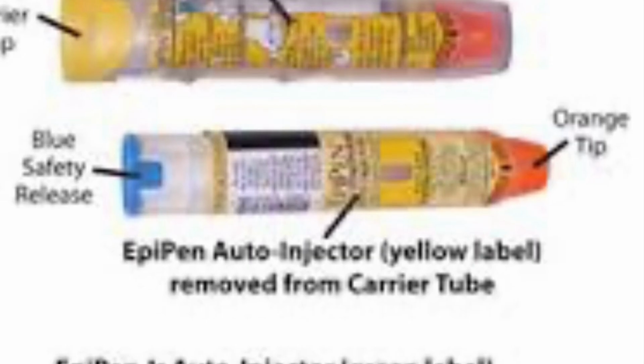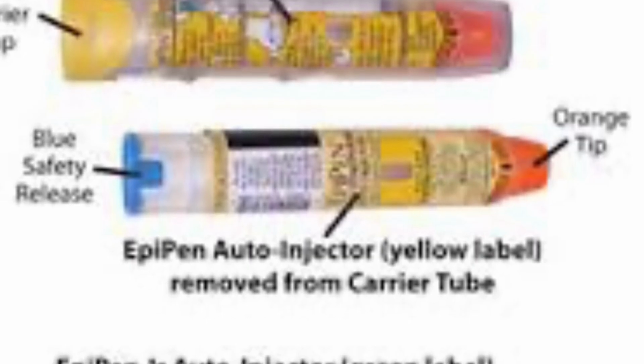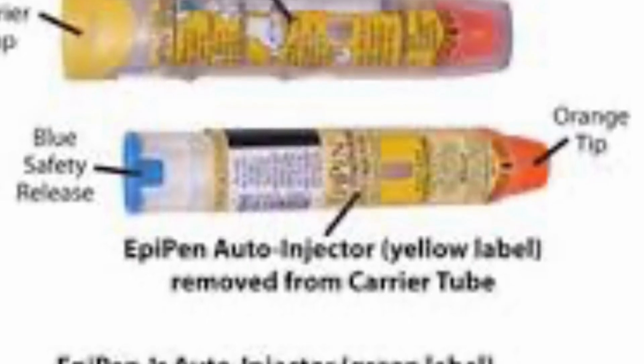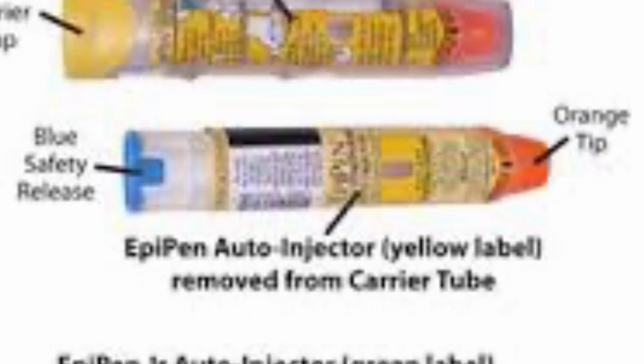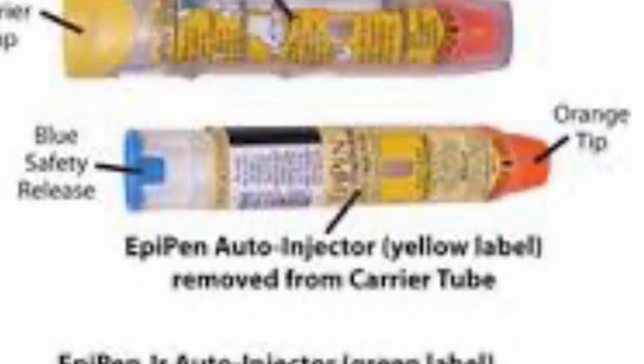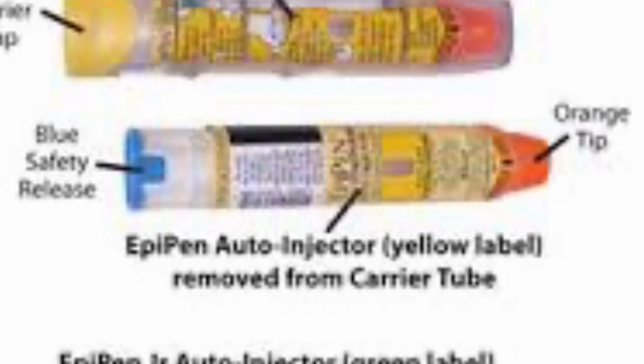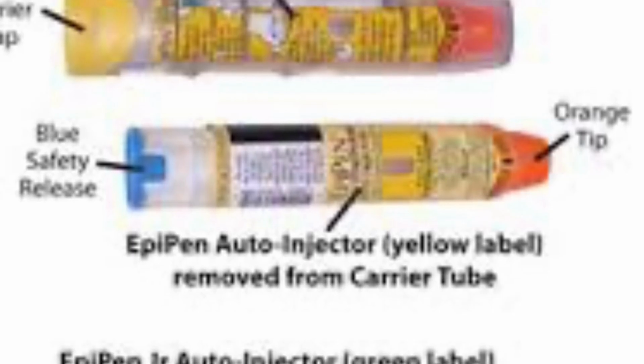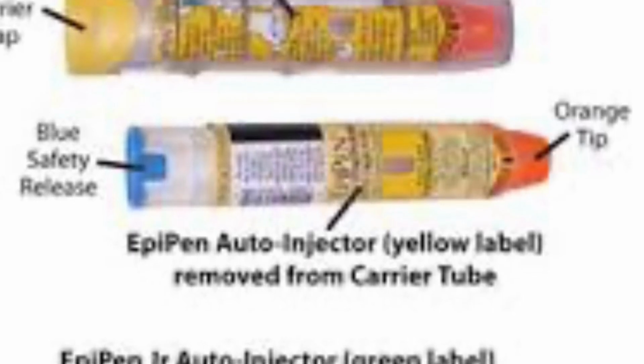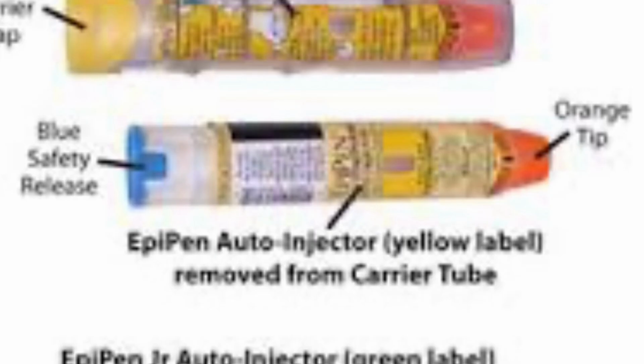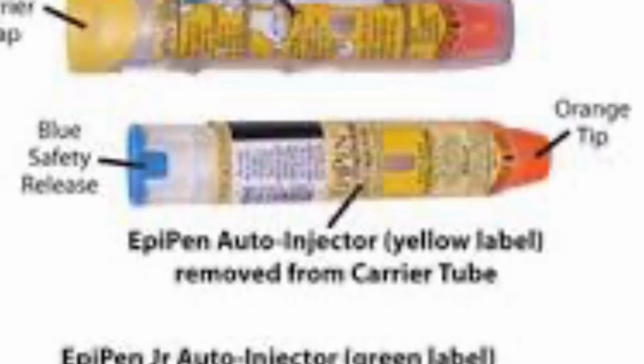So type 1, this is what we think about with allergies. Type 2, rarely ever see. Type 3, all of our autoimmune diseases. Type 4, delayed, all those things that take a couple days to happen. So the main focus on our test will be type 1.